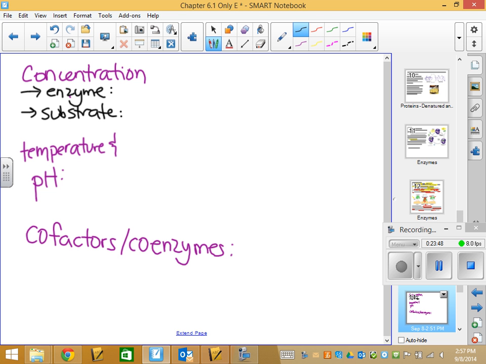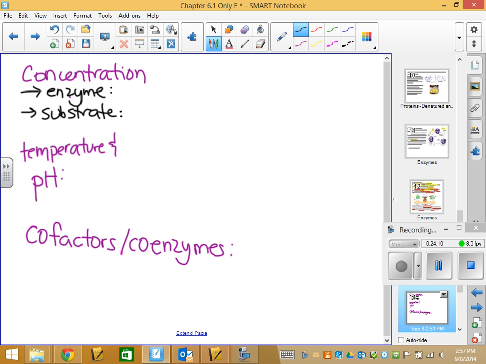Now on a previous page, the first one about enzymes, I said an enzyme can be used over and over and over again. So do you think that the concentration I have of an enzyme will have a huge impact on the overall result of my reaction?